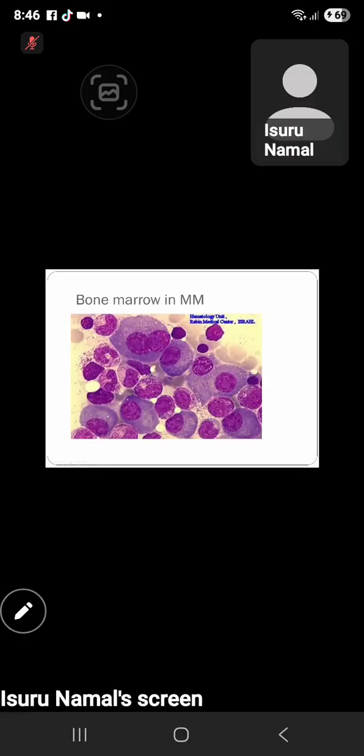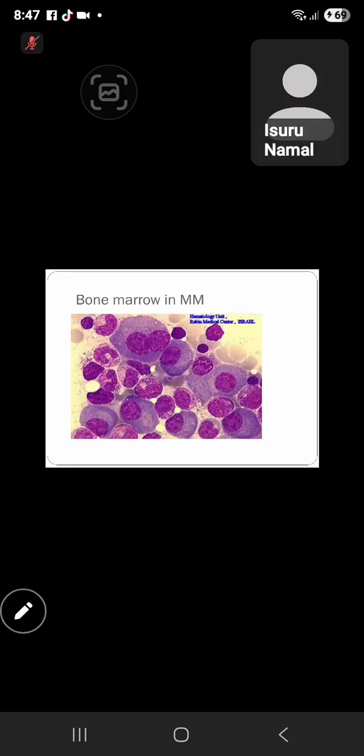What is the difference between this plasma cell and NRBC? NRBC also shows some eccentric nucleus and shows a perinuclear halo, but its size is equal to the RBC, and its cytoplasm color is equal to the RBC cytoplasmic color.